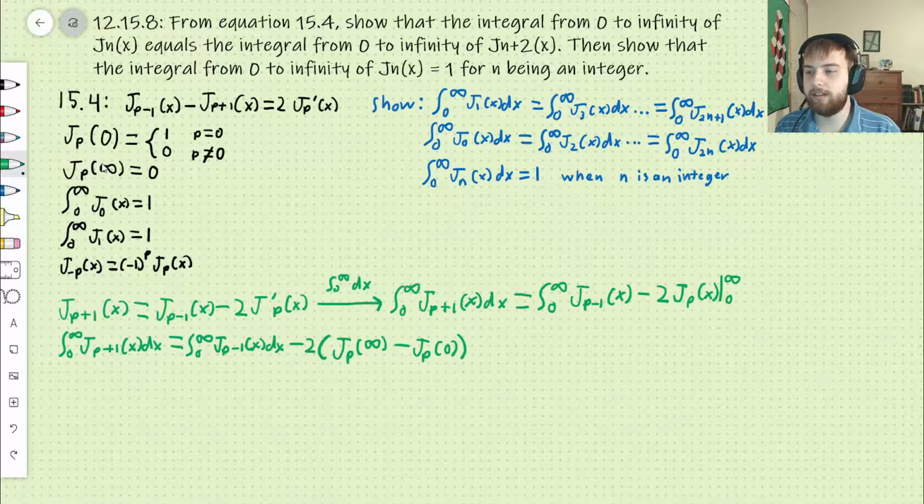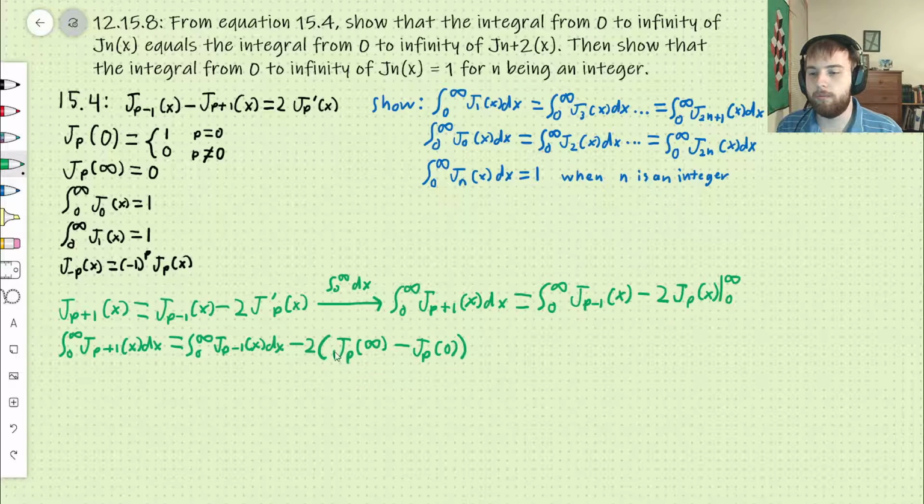In our little compilation of Bessel function facts here, we see that for any order Bessel function, at least, these all hold for integer p, which is what we're interested in this problem. So for any integer p, we know that the value as it goes to infinity is going to be 0.